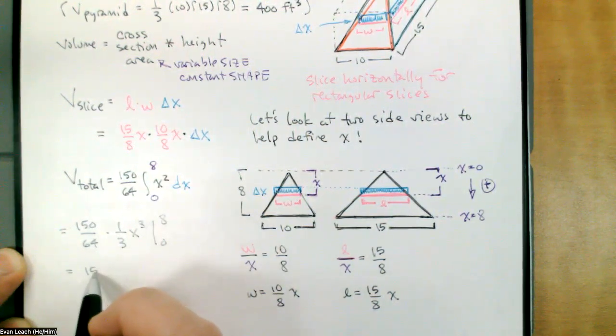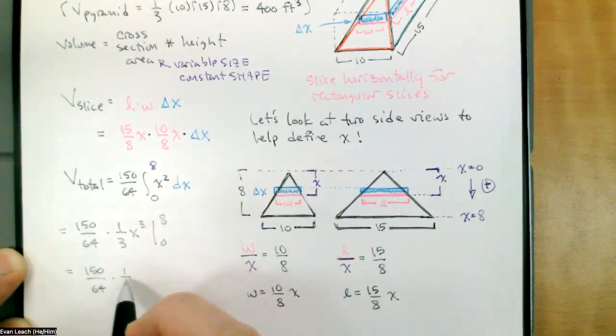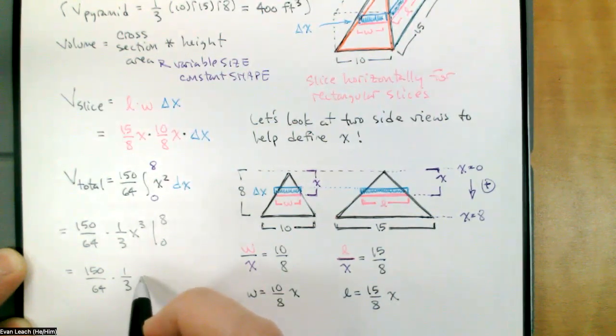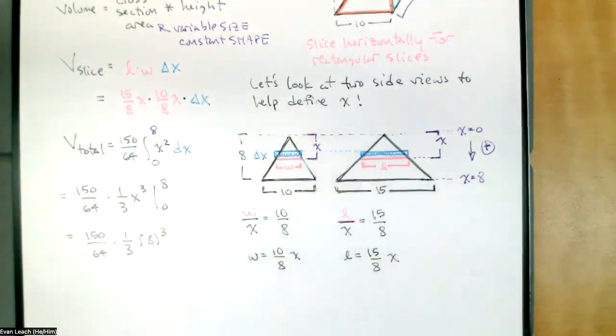So I'll have 150 over 64 times 1/3 times 8 cubed. And now you can see why I didn't bother simplifying it earlier. The 8 cubed cancels the 64, leaving an 8, and the 150 is clearly the 10 and the 15.